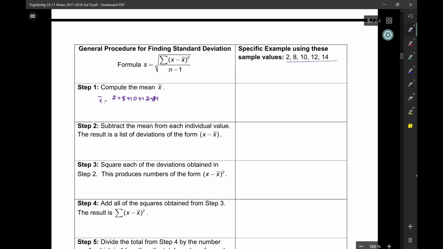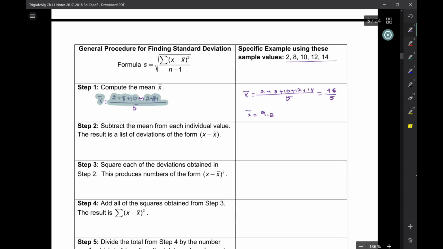So this is x bar, over how many? 5. 2 plus 8 plus 10 plus 12 plus 14 over 5. This is 46 over 5. So x bar is 9.2.